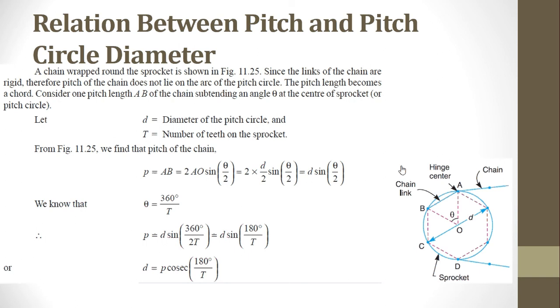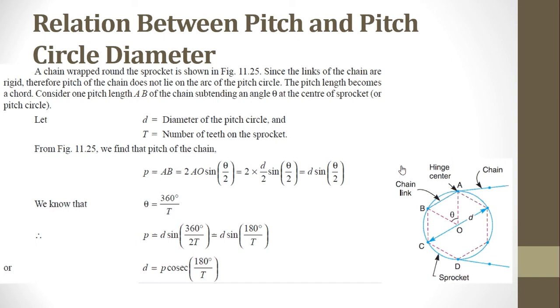Okay, so the next topic is the relation between the pitch and the pitch circle diameter. In the diagram over here at the right side, you can see that for the analytical modeling, the circle has been assumed to be a polygon, with the two points A and B making an angle theta.